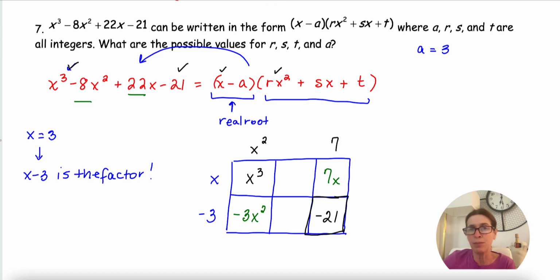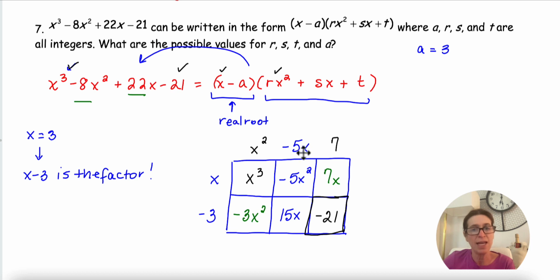So just using some logic here, it would mean that I'd need a negative 5x squared here, and I would need a 15x here, sorry. All right, so that would mean that this would have to be negative 5x.